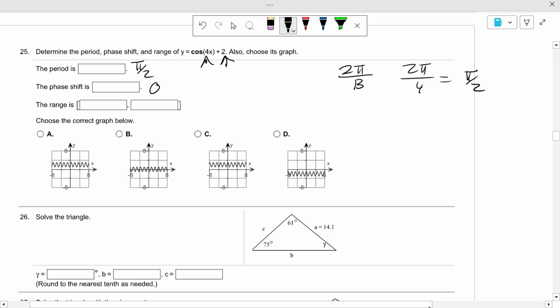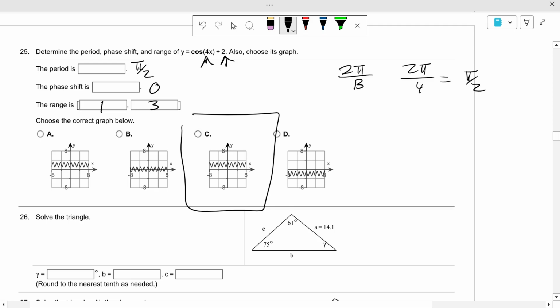The range. Well, if we're shifting everything up by 2, we start at -1 and normally go to 1. If we shift everything up by 2, we start at 1 and go to 3. So it's from 1 to 3, and it's a cosine really skinny, which is this one right here.